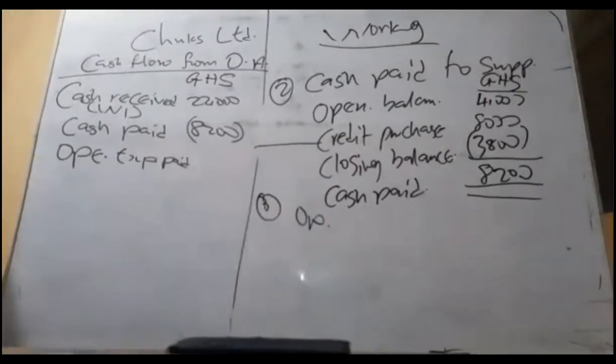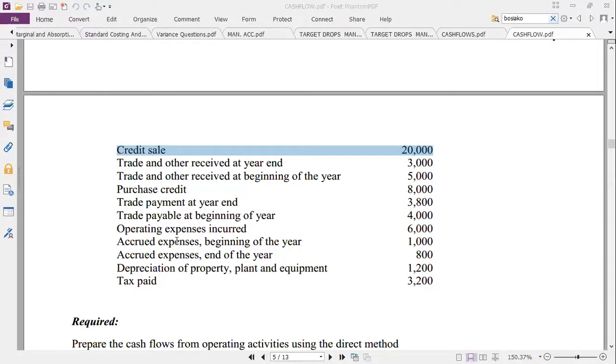As usual, anytime you are looking for something paid, look for that item, its opening balance, its closing balance, and then the incurred version in the profit and loss, what went to the profit and loss statement. So looking at this question too, we have accrued expenses there, right? It relates to the operating expenses. Good. All of them are expenses.